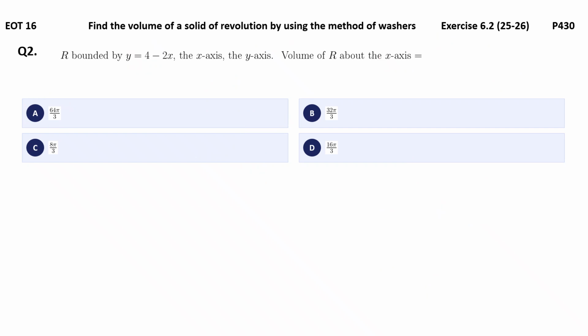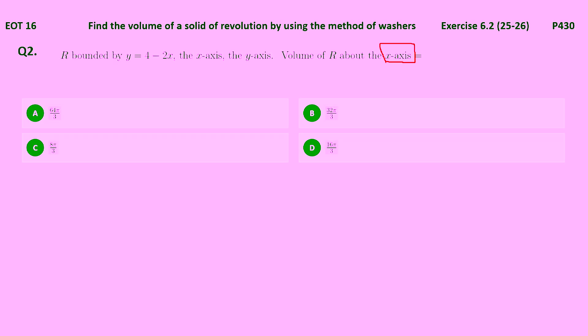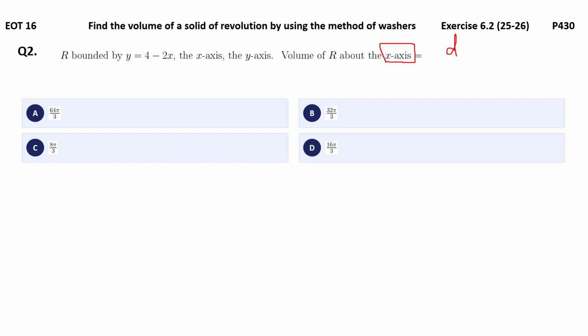Let's continue with question number 2. R is bounded by the function 4 minus 2x, the x-axis, and the y-axis, but here you are going to focus on which axis? The x-axis. So your expression should be of dx, that is in terms of x. Already the function is in terms of x, and you need to get the upper limit and the lower limit in terms of x.